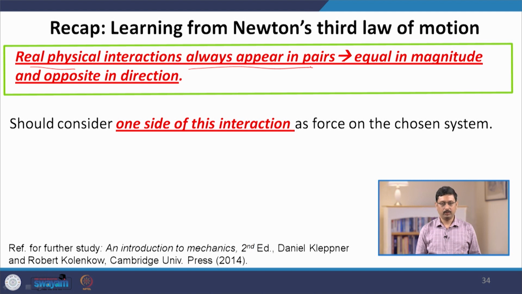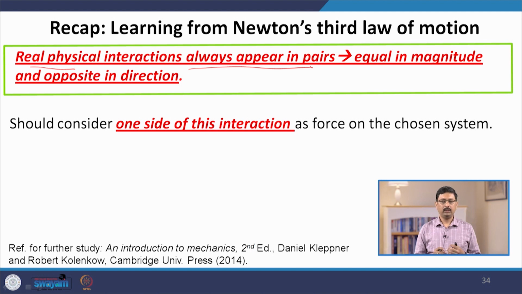So, the real force you can contrast with something called a fictitious force. Some of you may have heard this term. This arises if you are measuring the forces and acceleration using a system of reference which is itself accelerating.